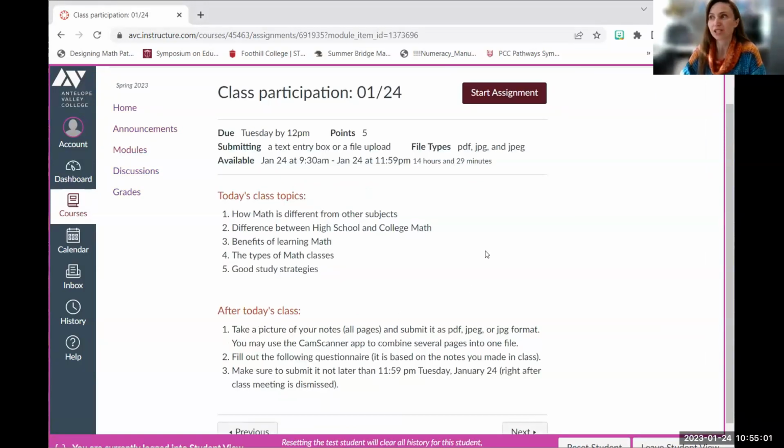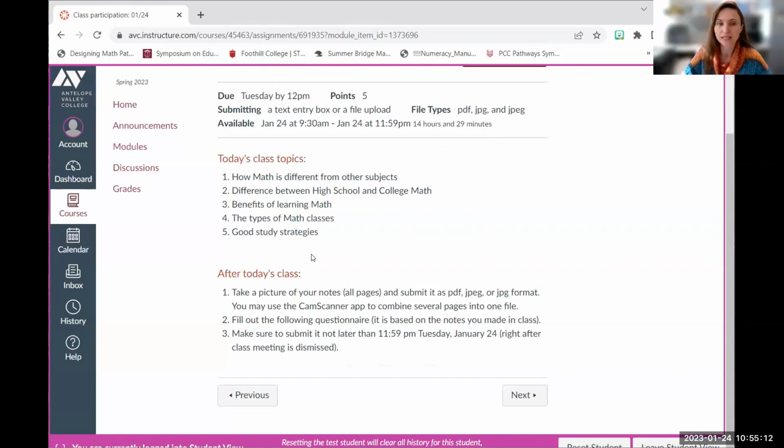We'll put the presentation that I had today in the modules as well. And so after today's class, take a picture of your notes and submit it as a PDF or JPEG file. You may use the Canvas scanner app, called CamScanner, to combine several pages if you want to practice that.